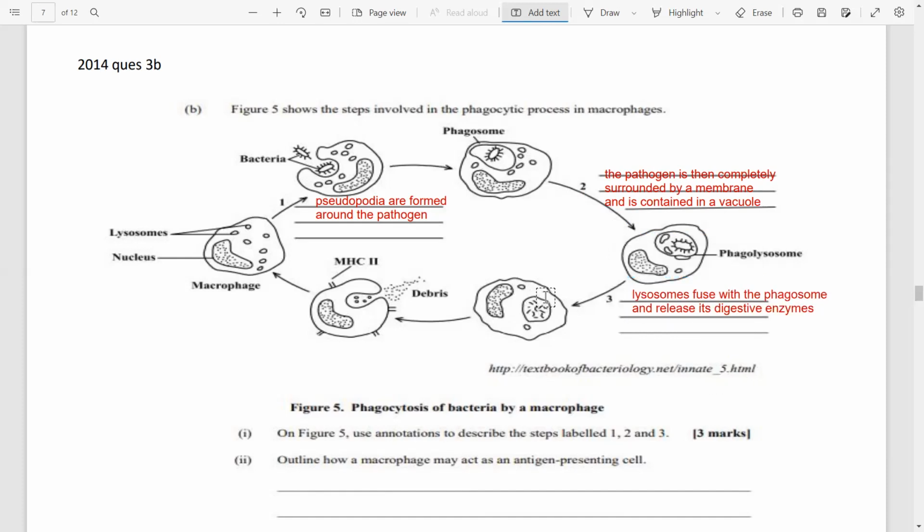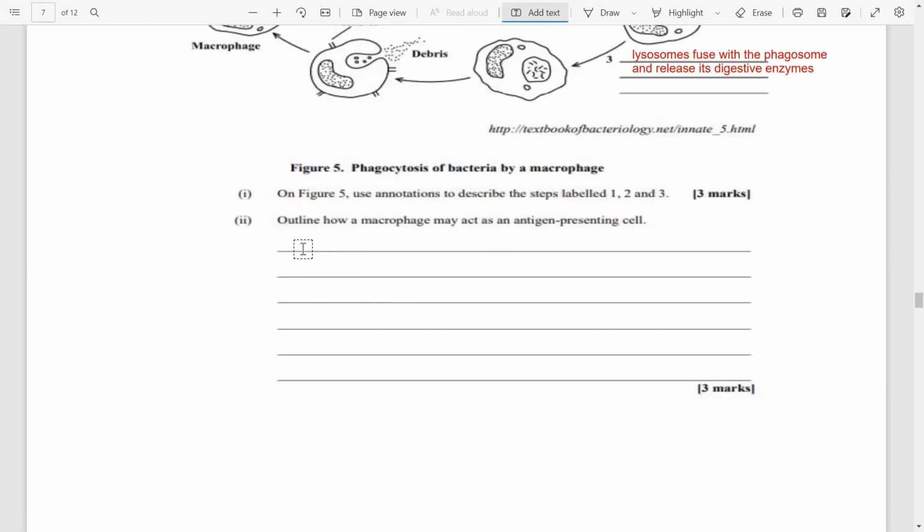And then the pathogen is digested, but you do save back a portion of the pathogen so you can present it to the T helper cell.